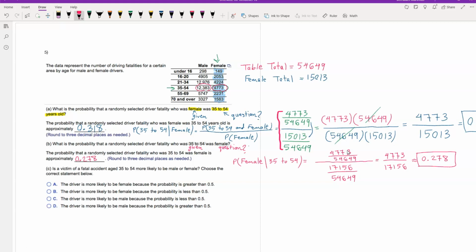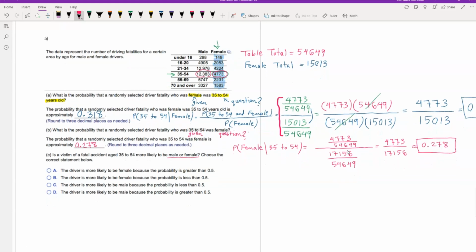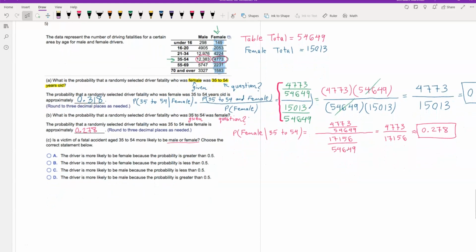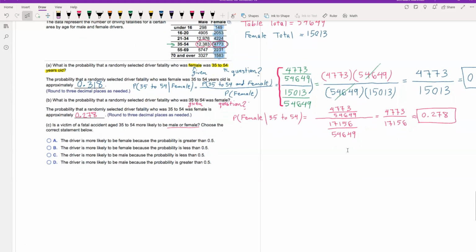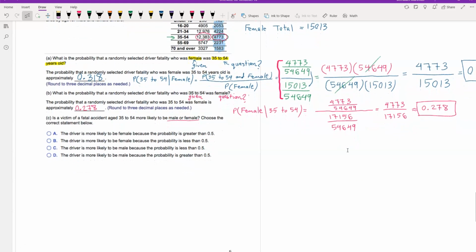Part C, is a victim of a fatal accident aged 35 to 54 more likely to be male or female? So we have the answer for if that driver is female, the probability was 0.278, but we should also find the answer for if the driver was male. We can do the same thing and find the answer for male.